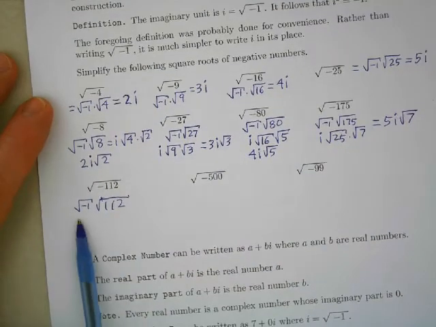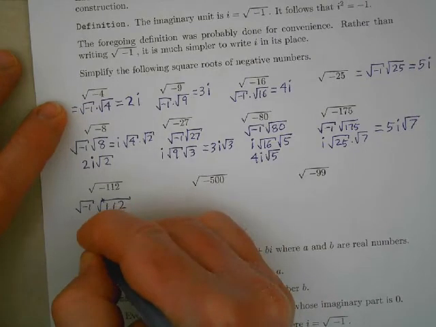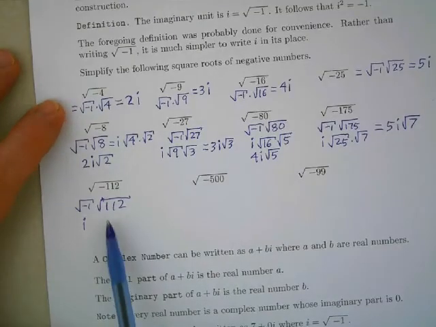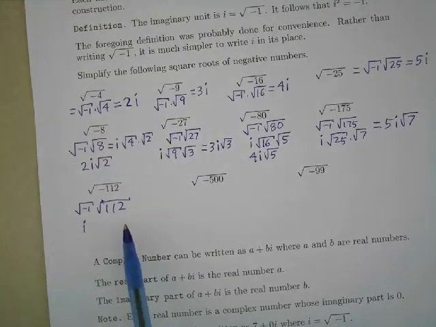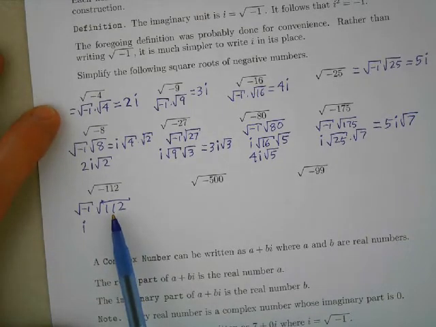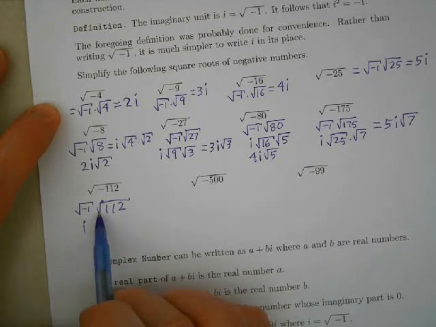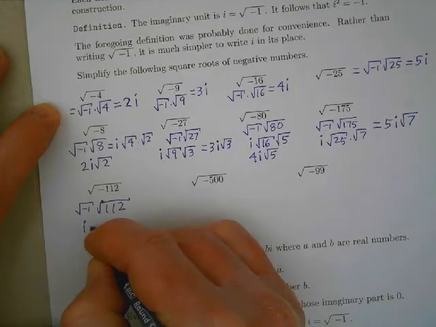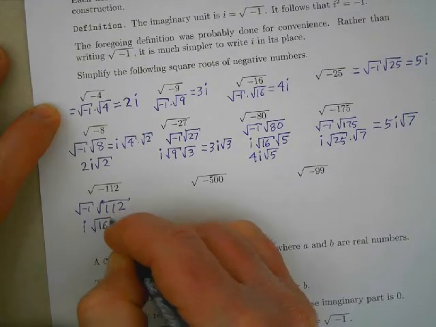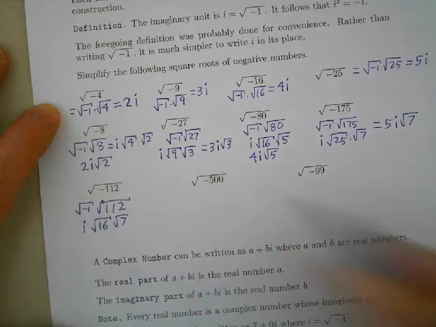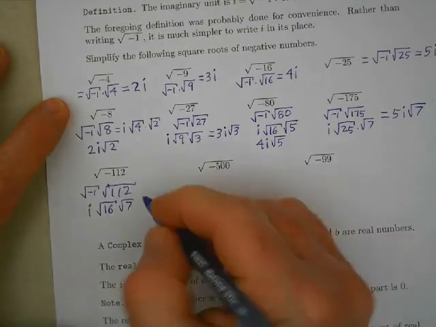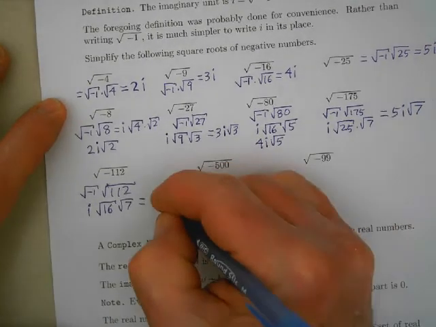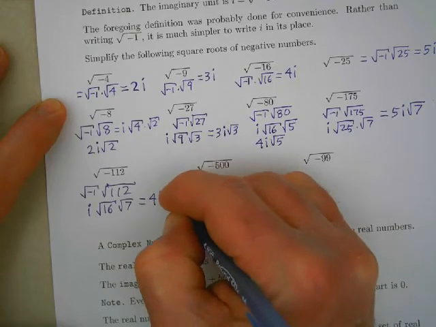And we're going to replace the square root of negative 1 with I. And then the largest factor of 112 that is a perfect square is 16. 16 times 7 is 112. So we're going to replace the square root of 112 with the square root of 16 times the square root of 7. And the square root of 16 is 4, so this is replaced with 4 times I times the square root of 7.